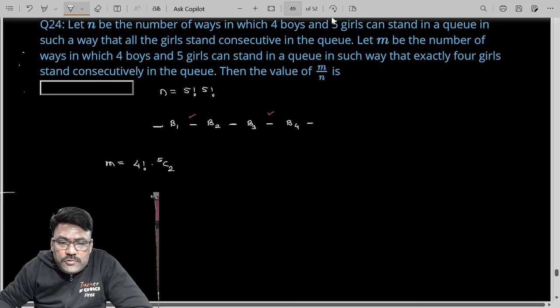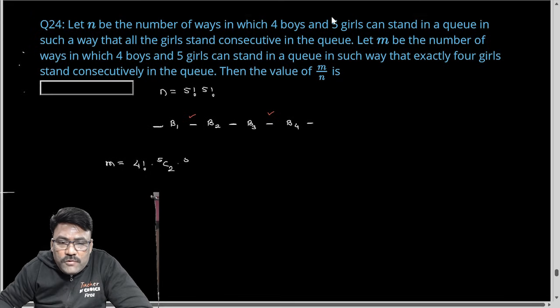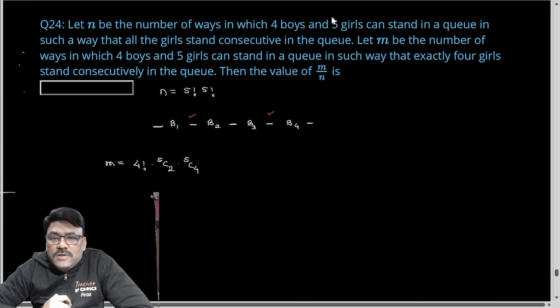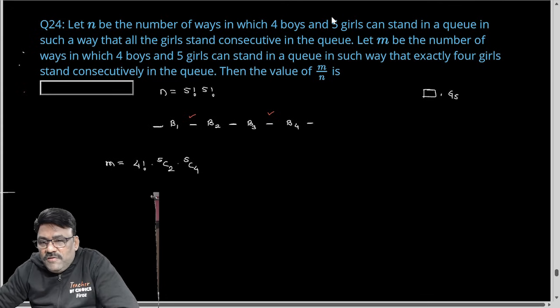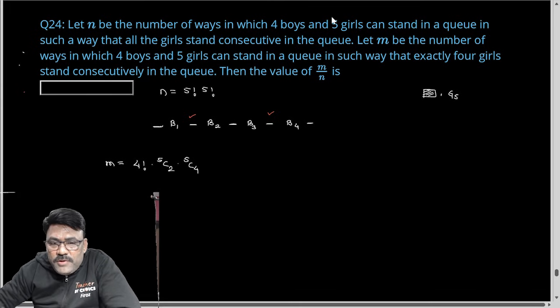So now I'm choosing 4 girls from 5 girls. Now these 4 girls are together, a block, and a separate girl, the 5th girl. So you can consider these as 2 persons.